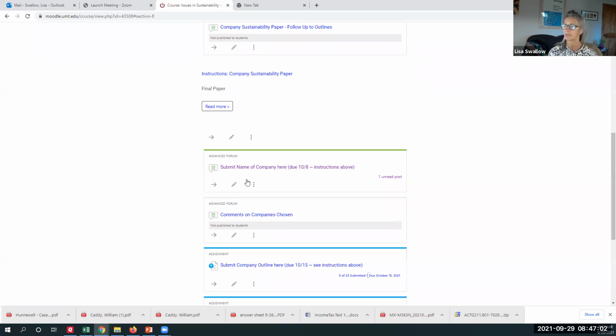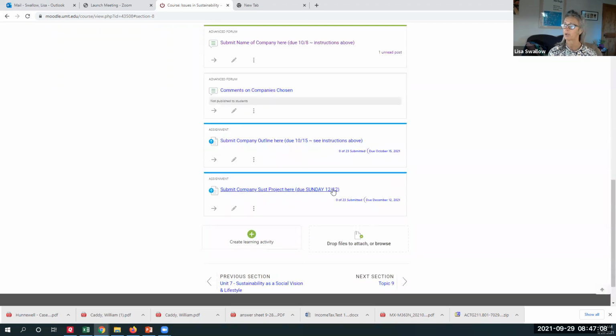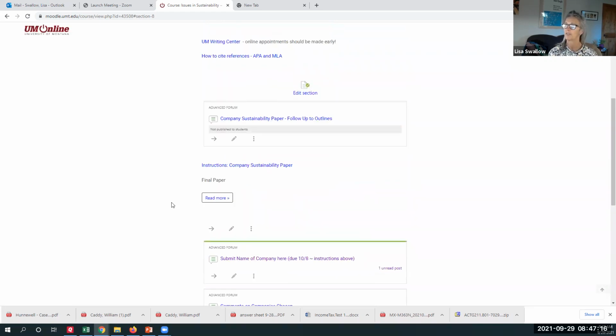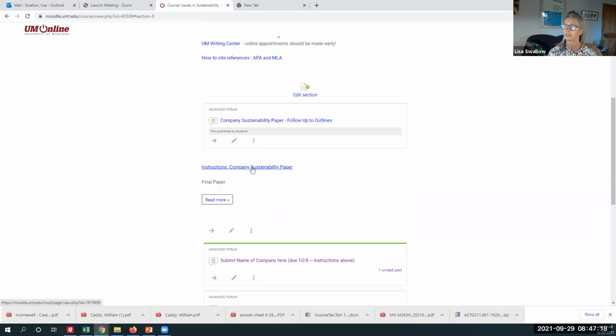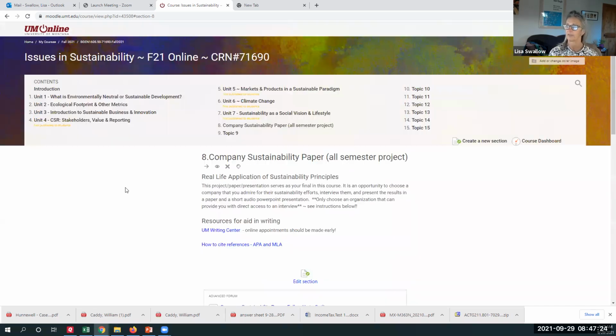One is just to submit the name of the company, and one is to submit an outline. And then the final paper is your final in this class, and that's due the Sunday before finals week. So all of the instructions are in here on how you choose the company, what the outline is, and the project itself.